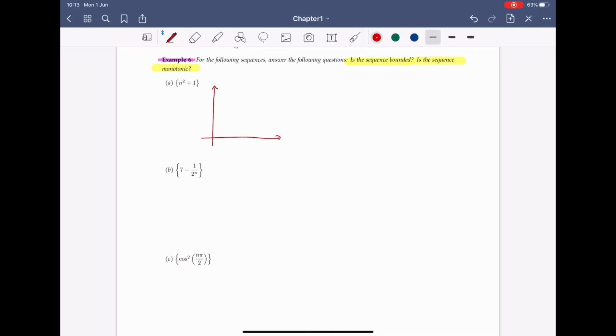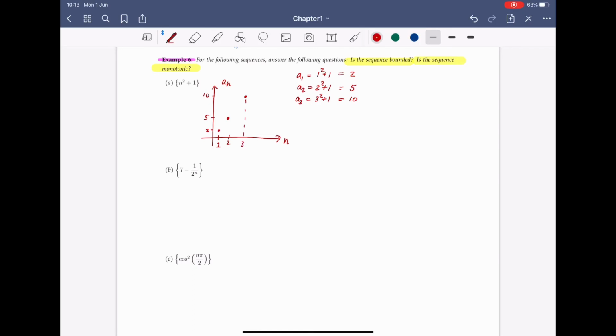When n is equal to 1, a1 is equal to 1 squared plus 1, which is 2. And then a2 is 2 squared plus 1, so this is 5. It's getting bigger. a3 is equal to 3 squared plus 1, so this is 10. It's a lot bigger.